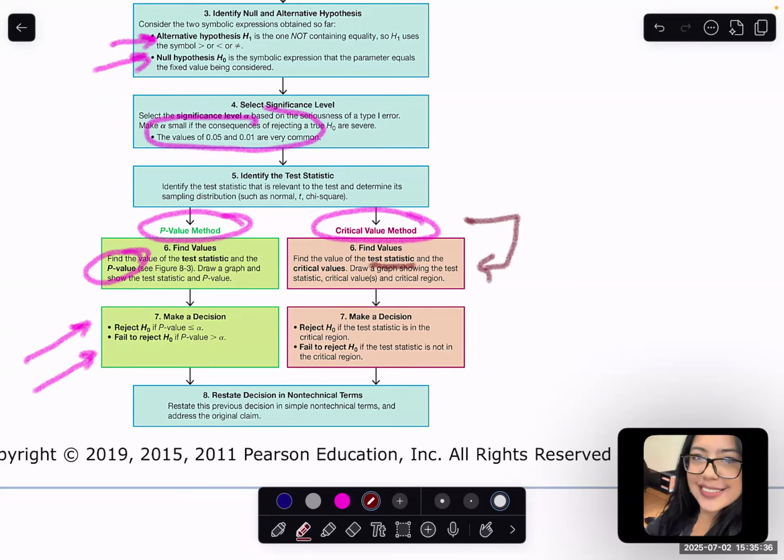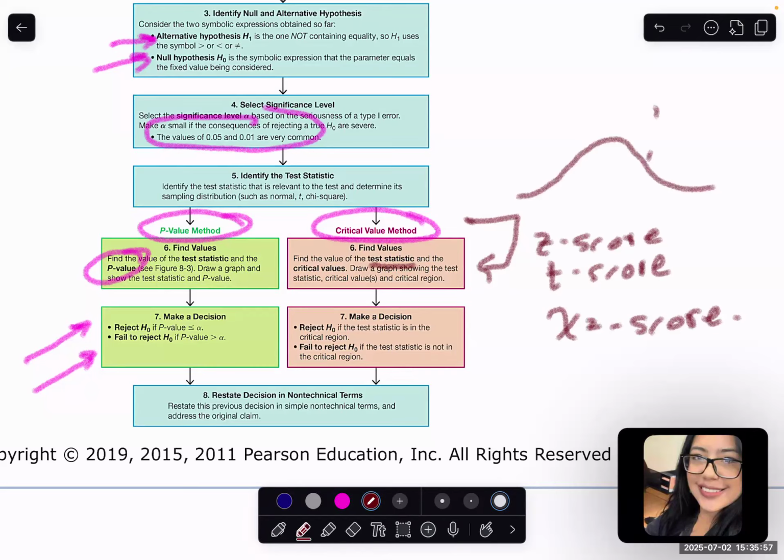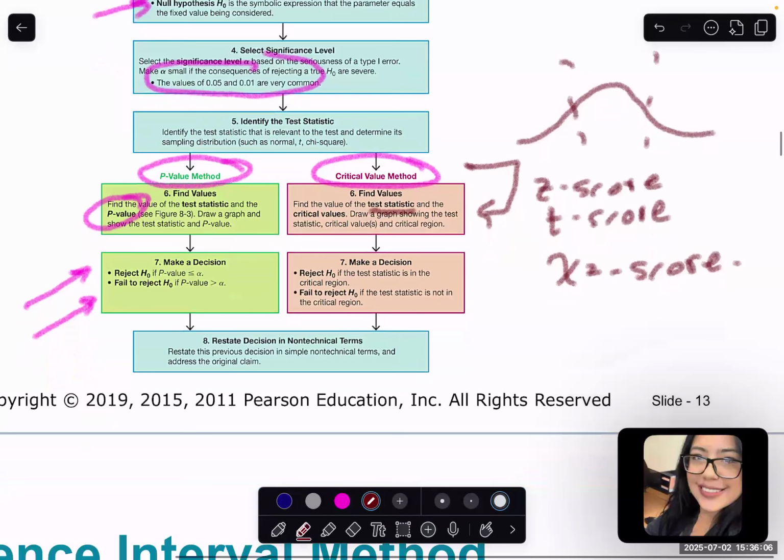So either you're going to use the z-score as your critical value, or the t-score, or even a chi-square score. So it depends. You will reject the null if the test statistic is in the critical region. So for that one, you're going to have to use the z-score or the t-score, and then see if it's in the shaded region or outside the region.